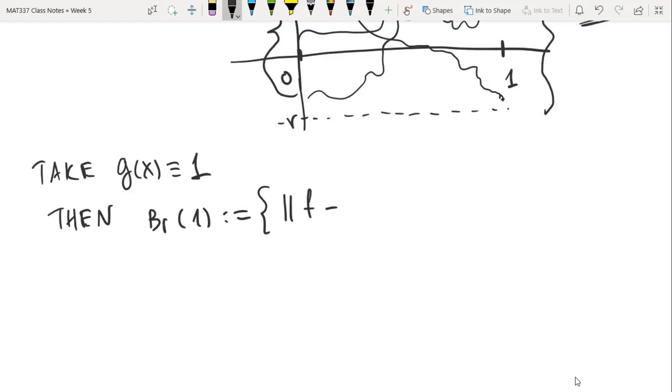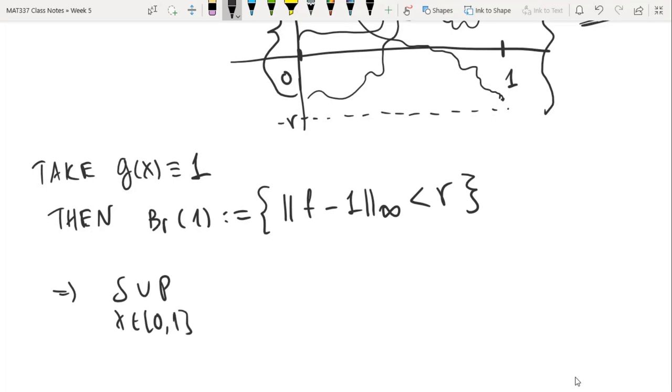All the functions that are distance r from 1, i.e. sup over x in 0, 1 of f of x minus 1 is less than r.